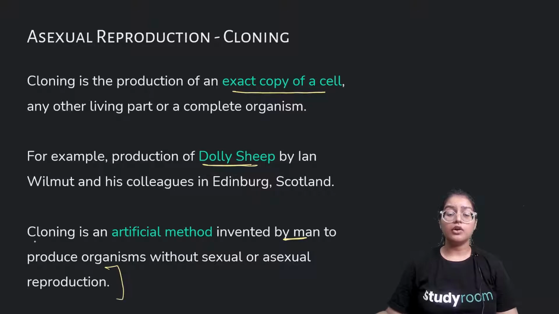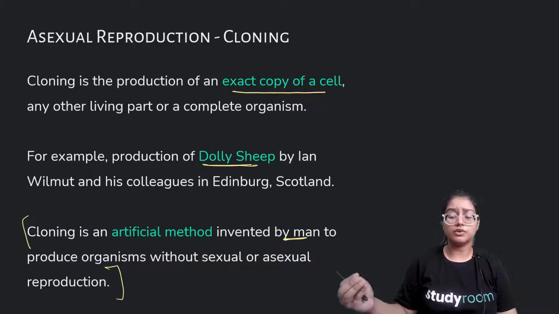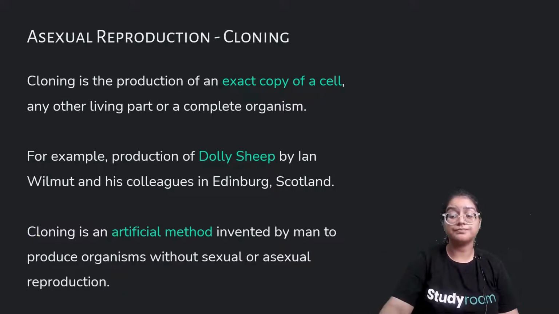Clones are generated in order to protect species on the verge of extinction, to bring them back from the verge of extinction. Or if they have to study something very specific in the main organism, they make clones for it. That is the exact copy of a cell, any living part, or even a complete organism.